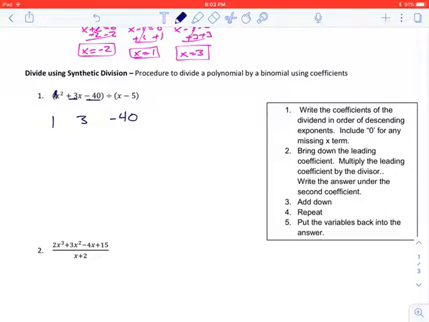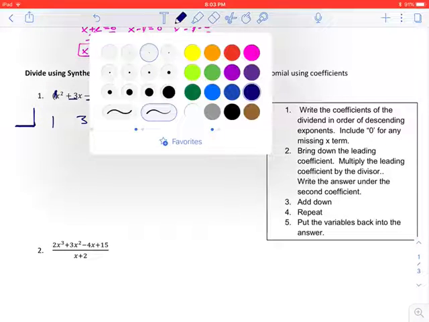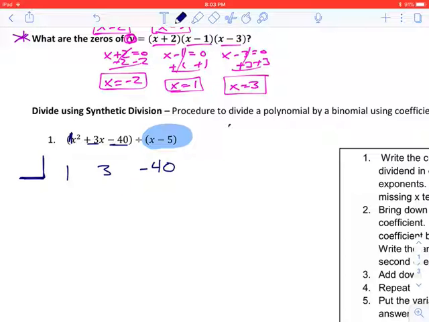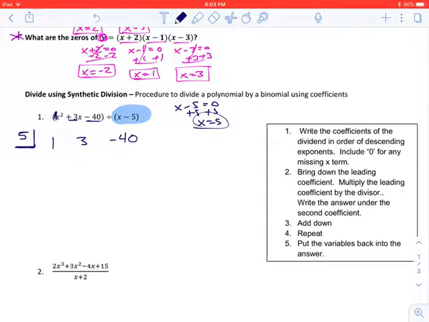We also need to know what our factor is, or what we're dividing by. If it's linear, we can say x minus 5 equals 0, get x by itself, x equals 5. So 5 is the number that we're going to be using each time. So I've got 5, and 1, 3, negative 40.